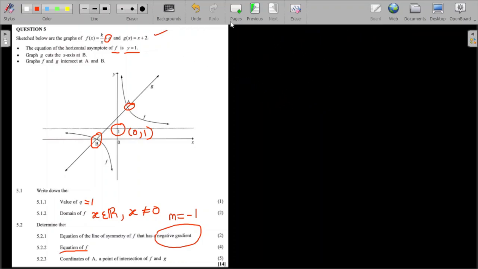So now my g of x is going to be equal to my f of x. So my g of x is x plus 2, equal to my f of x, which is 2 over x plus 1. Now let's solve for x here.